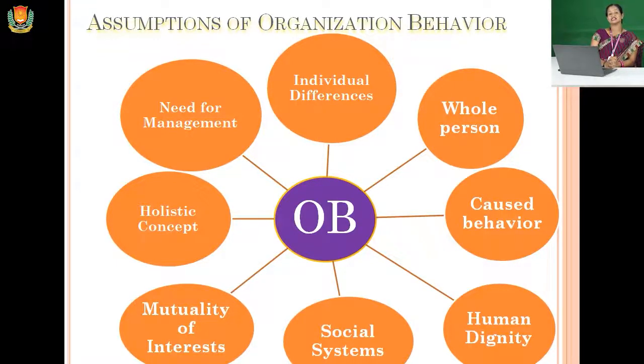And the first is individual differences. Although in organization, till now we are talking about human resource, these are human resource. As an outer appearance, we can say they are living elements, but these living elements have brains. They have different personalities. They have different genders. Their educational background varies. Their upbringing varies.